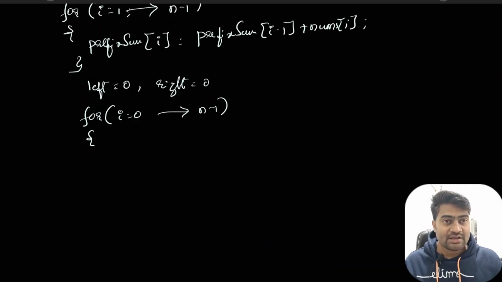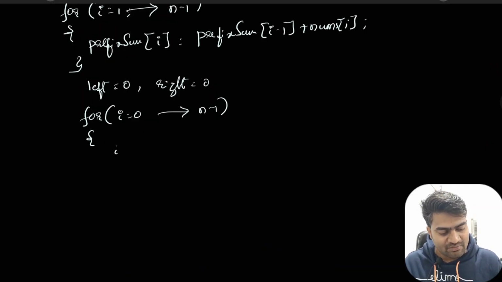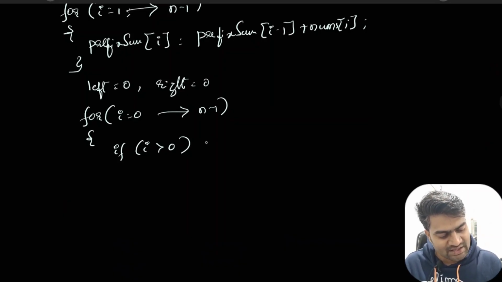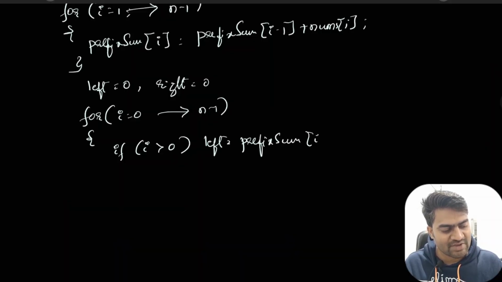So I will check if my I is greater than 0, then only I can take the left value from the prefix sum array, right? So if I is greater than 0, then I will say my left will be prefix sum of I minus 1. So this will give us the prefix sum.